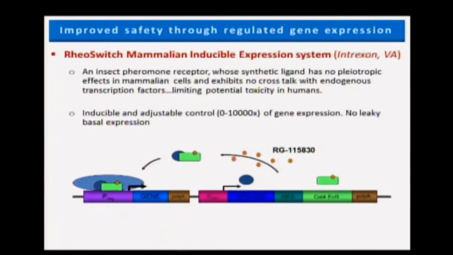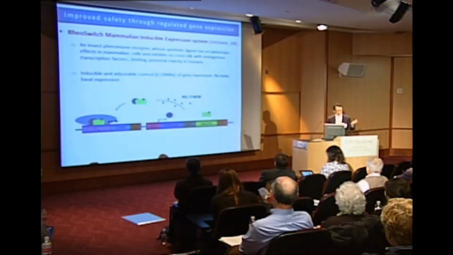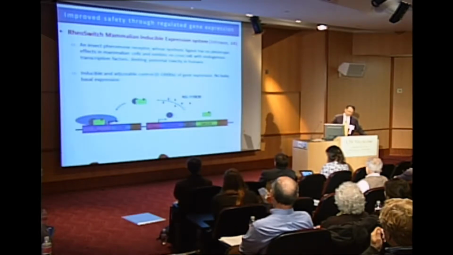And then with this Rio gene, which we've been working on with a company, you take this ligand drug, and it gets into the disc. As soon as it gets into the disc, it turns the gene on. So you can control it. And if you take the ligand away, the gene production stops. So that adds a layer of safety to the gene therapy, potentially.